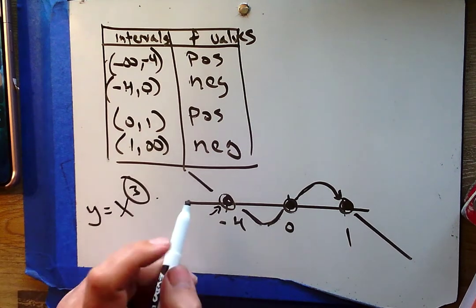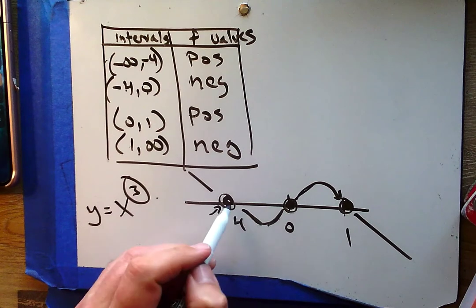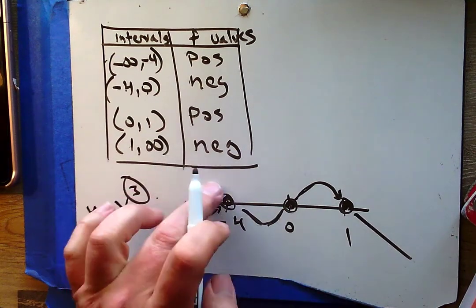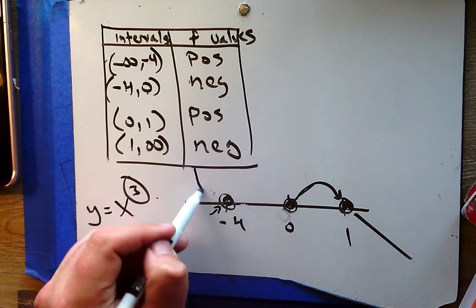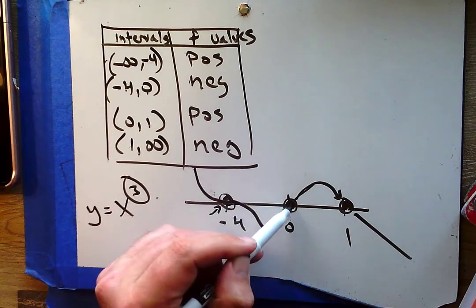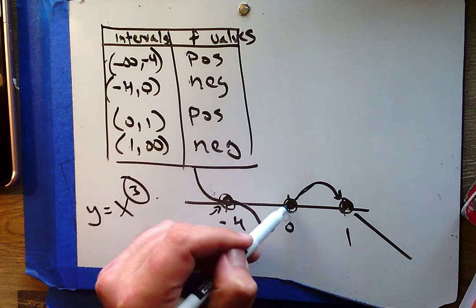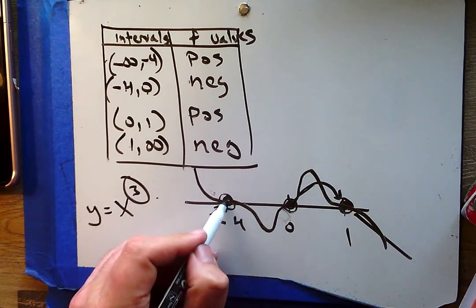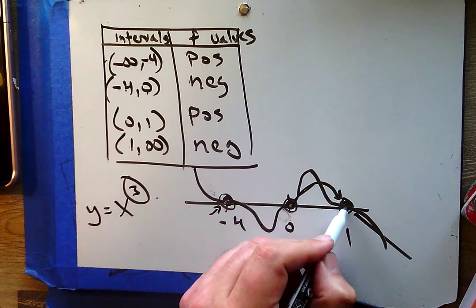Why do I say that? Well, I could be passing straight through all these, but what if I was actually wiggling through all of these? And so that's got to be third, sixth, ninth degree.